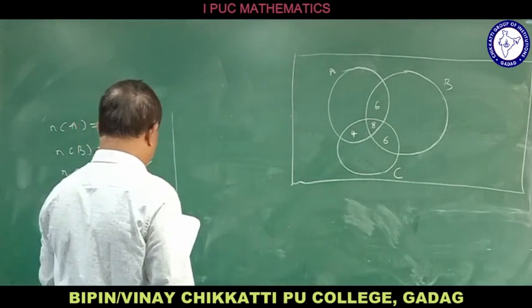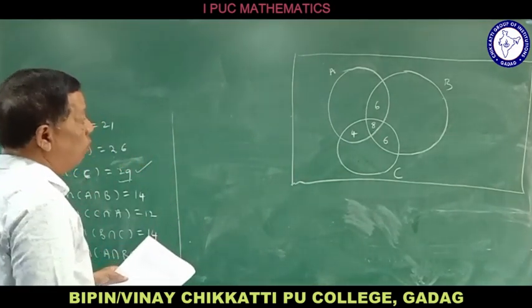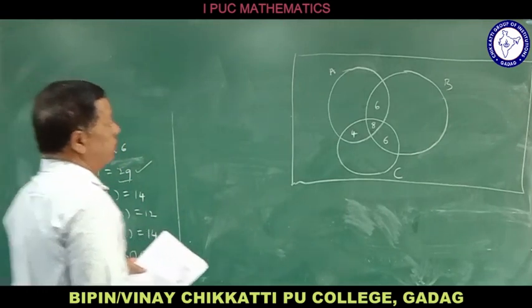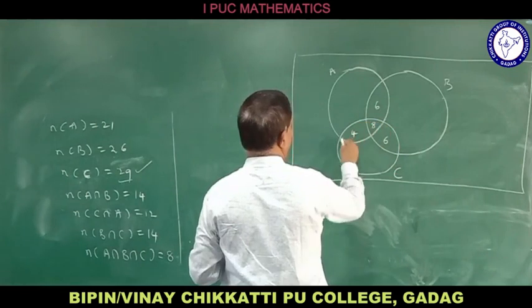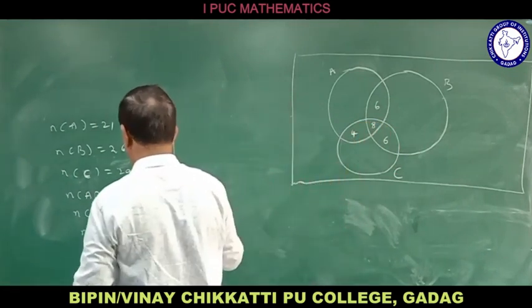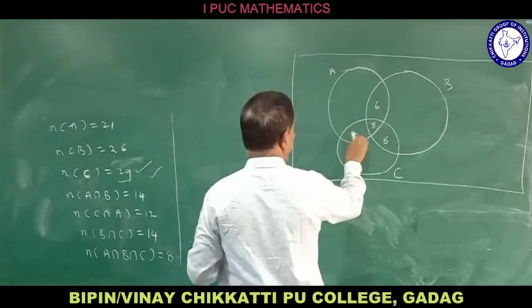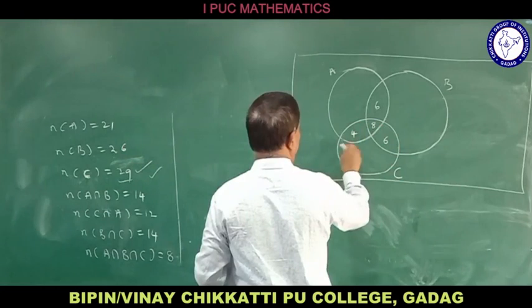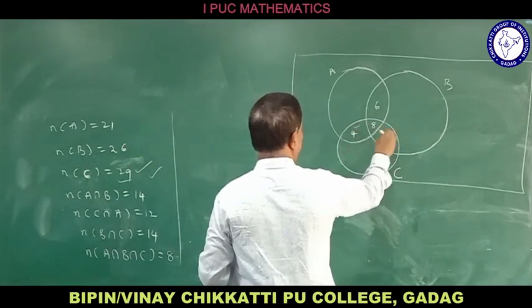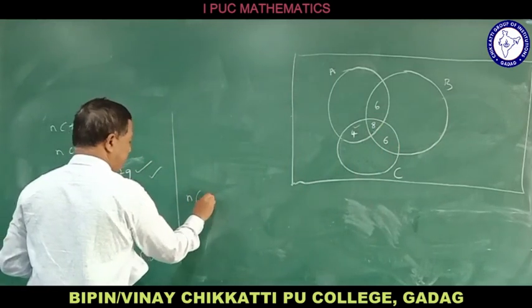But the only thing is that when you write that they like only C, it means you will have to say which are the elements in C, and out of C how much? 29. Look, totally C is 29, and you have to delete this and this from the total C. Look here, I write the number of C only.